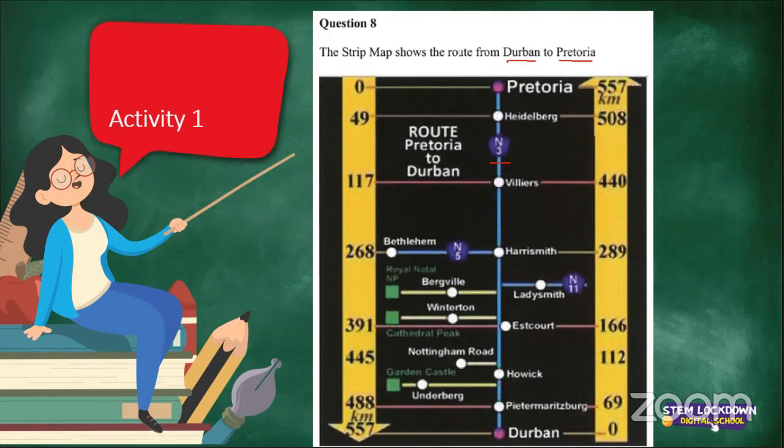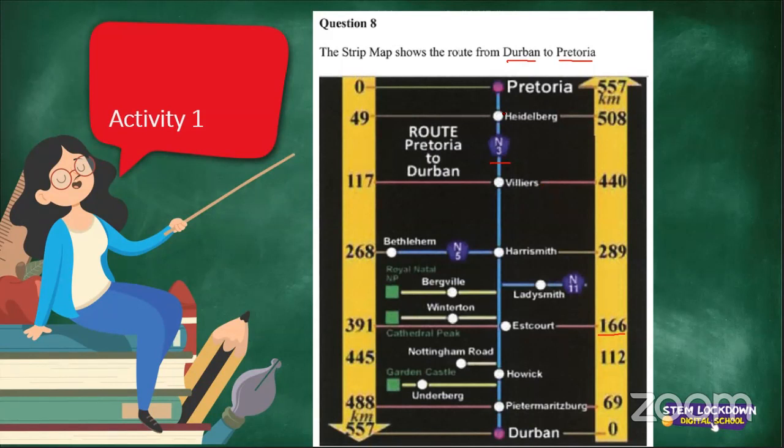You go past Howick, and then you go past Estcourt, which is 166 kilometers from Durban. Then you go past the road that takes you to Ladysmith, which is N11. Then you go through Harrismith, which is 289 kilometers from Durban, and so on.